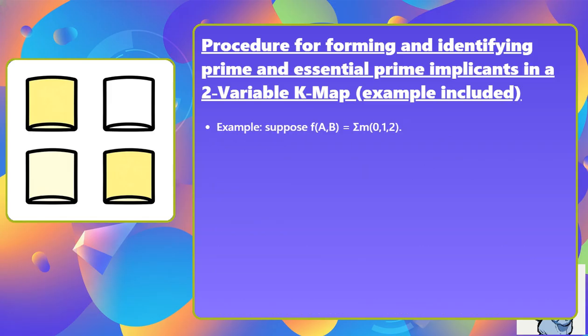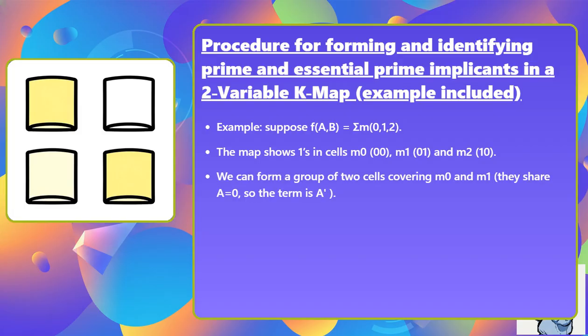Example: suppose f(a,b) equals sigma m of 0, 1, 2. The map shows ones in cells m0 (0,0), m1 (0,1), and m2 (1,0). We can form a group of two cells covering m0 and m1. They share a equals 0, so the term is a prime.